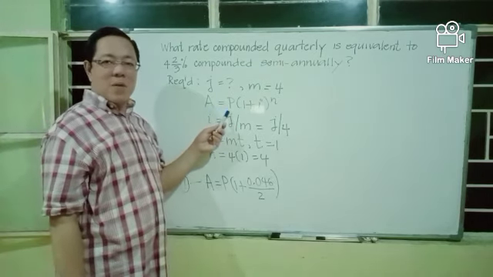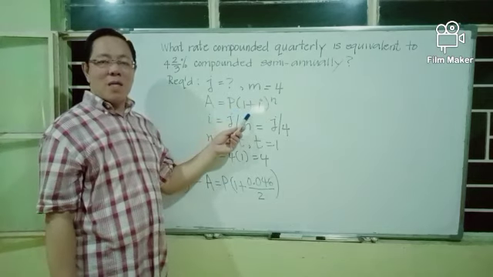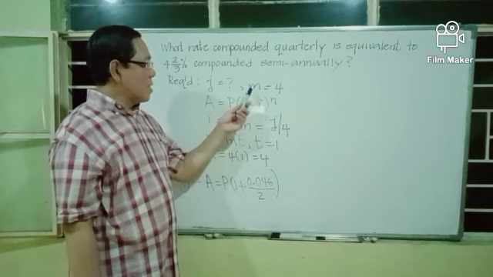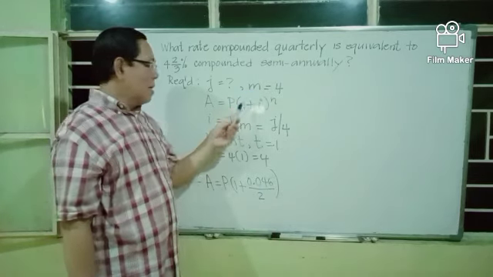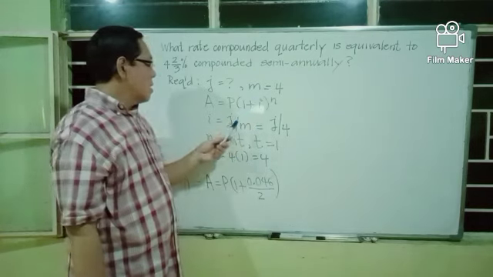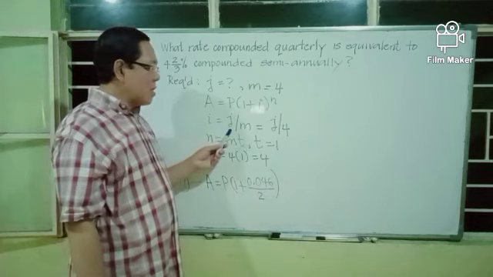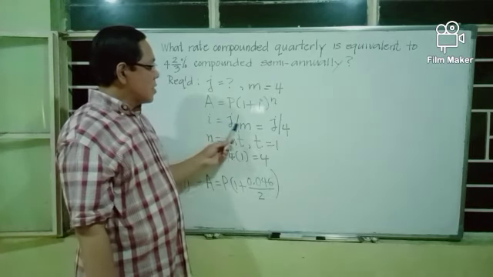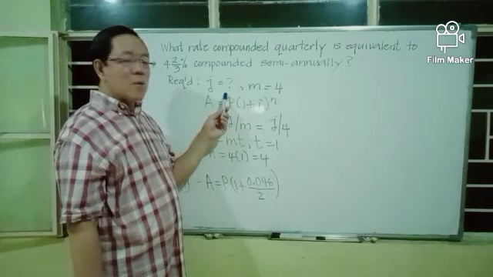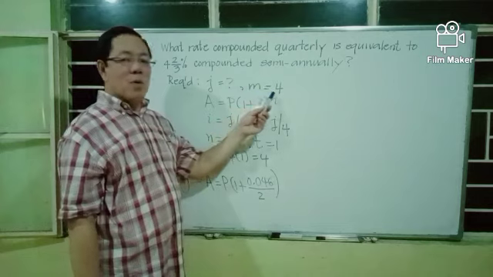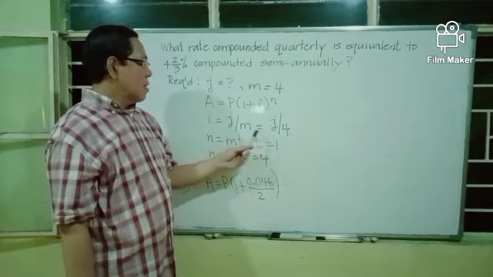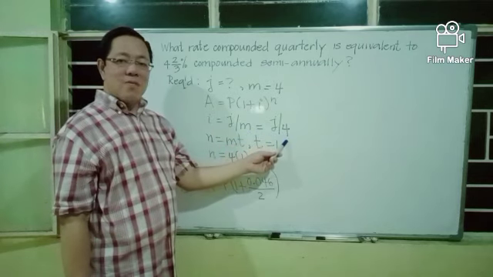A equals P principal times quantity 1 plus I to the power N, where I is the interest rate per period in the unknown compound interest rate. Small I is the interest rate per 3 months. And small I is given by J divided by M. We write J as is because it is unknown. Divide by M for the unknown compound interest rate. M is 4 because the unknown interest rate is compounded quarterly. So J divided by M, M is 4.